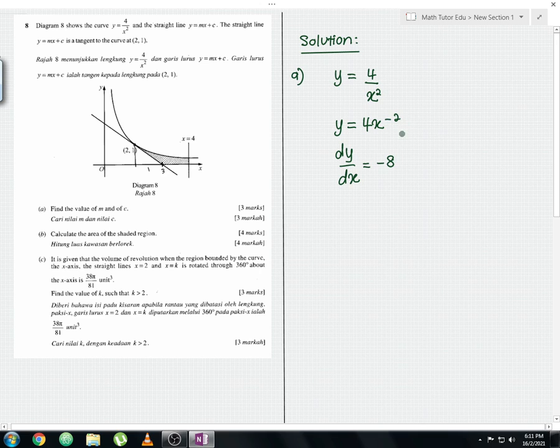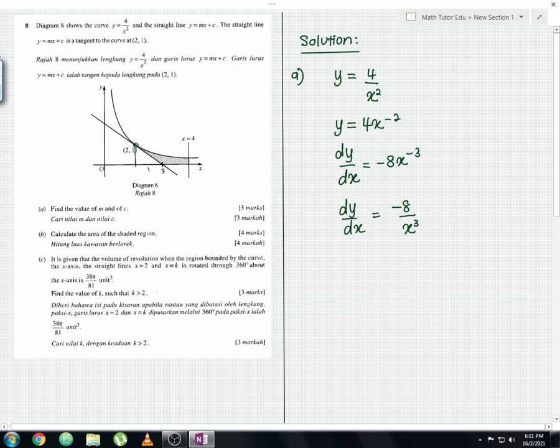So the power you minus with 1, so you'll get x to the power of negative 3. Okay, so let us rearrange it into a fraction form. So from here, you'll get dy over dx is equal to negative 8 over x cube. So this negative 8 over x cube is the differentiation for the whole curve.